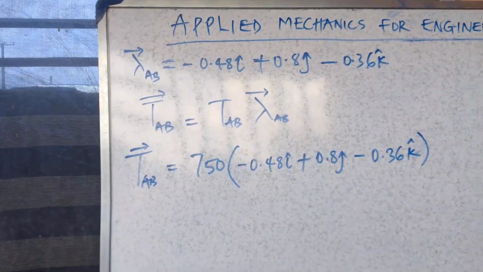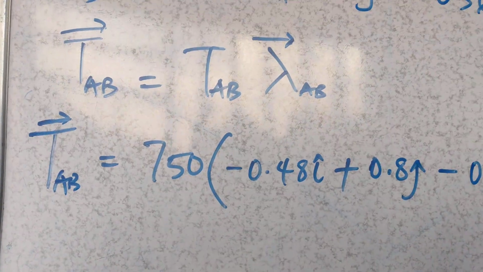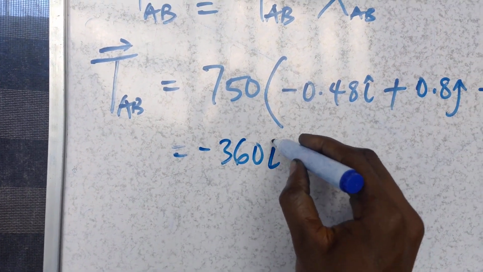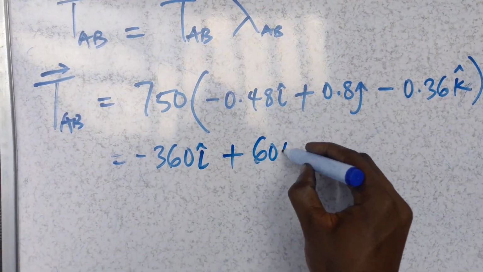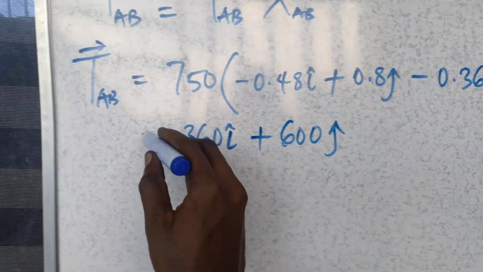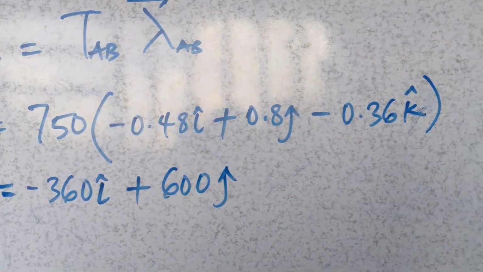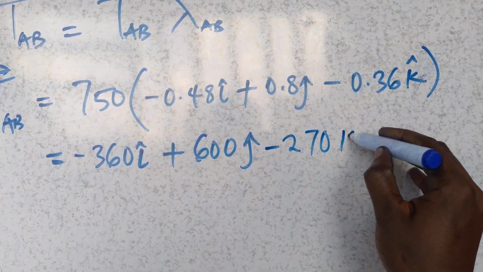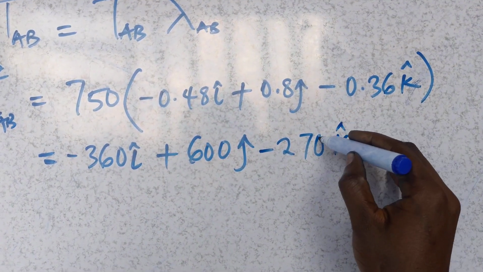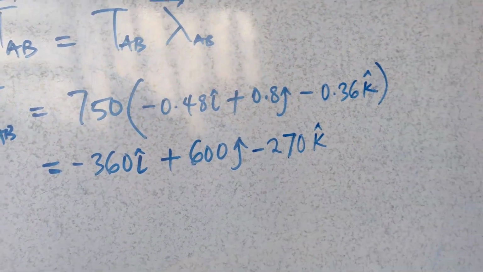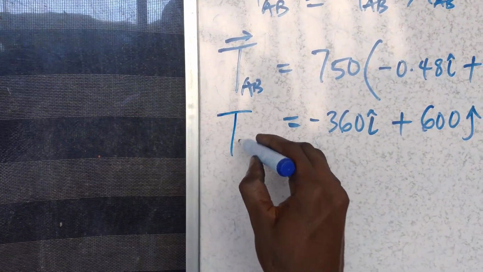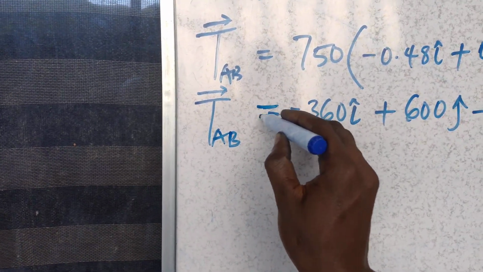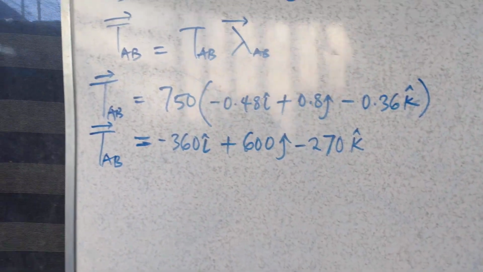Now if I multiply that by means of expansion, this will give me minus 360I plus 600J, and then this one will give me minus 270K.